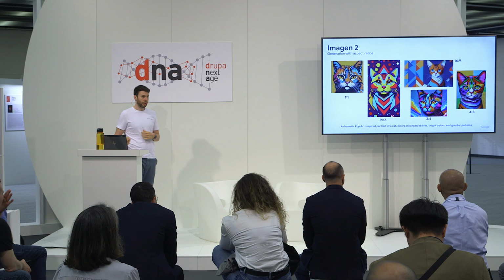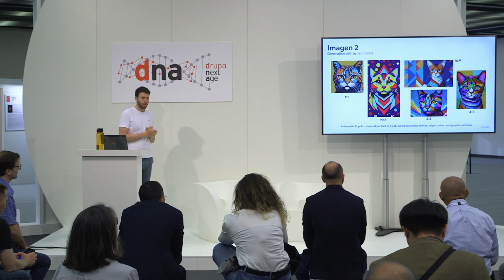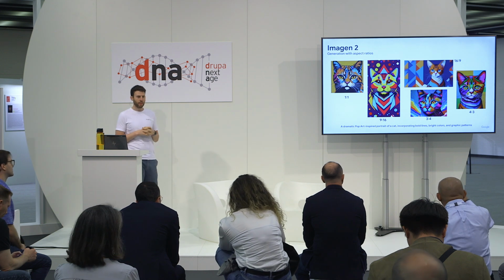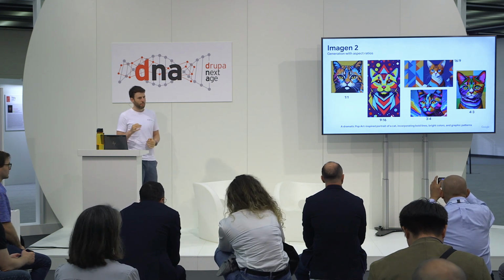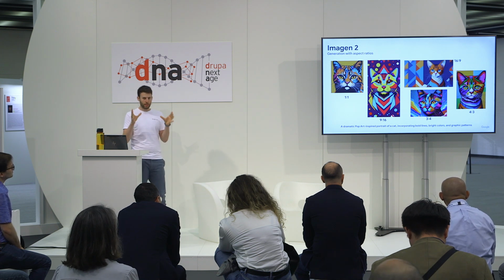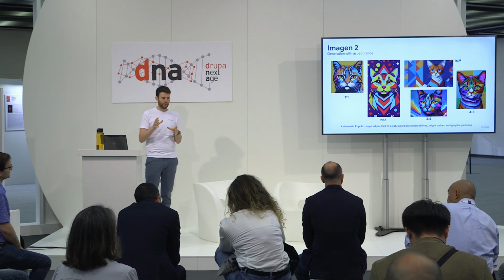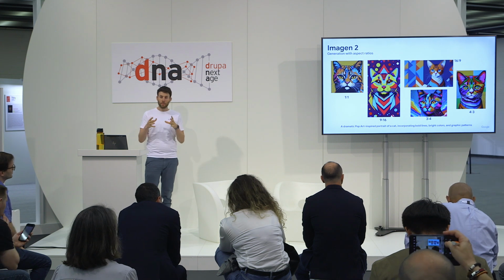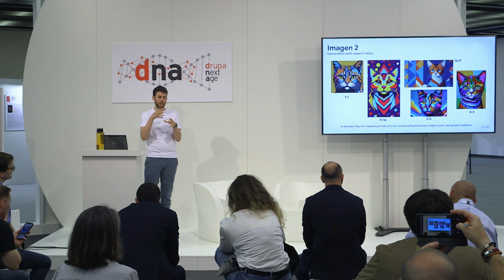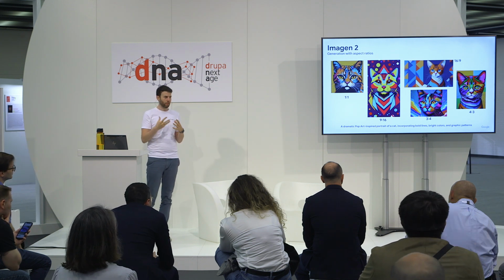Other functionality which is more important than it might seem at first is generating different aspect ratios. Because, of course, you can just say, I want a horizontal image, I want a landscape image, and then you crop it somehow. But maybe the area of the generated image that you're actually interested in is being cropped that way.